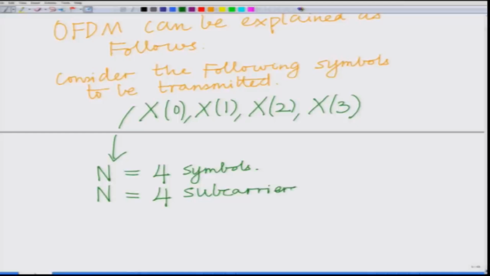This capital N is an important parameter in this OFDM system. We are going to use capital N equal to 4 symbols, denoted by capital X0, capital X1, capital X2, capital X3. It is important to note that we are representing them by capital X, because we will use small x to represent something else. So, capital N equal to 4 symbols, and also this is known as capital N equal to 4 subcarriers.